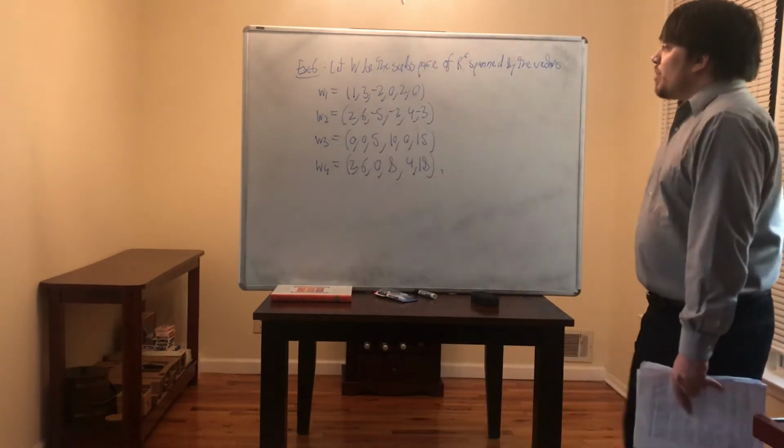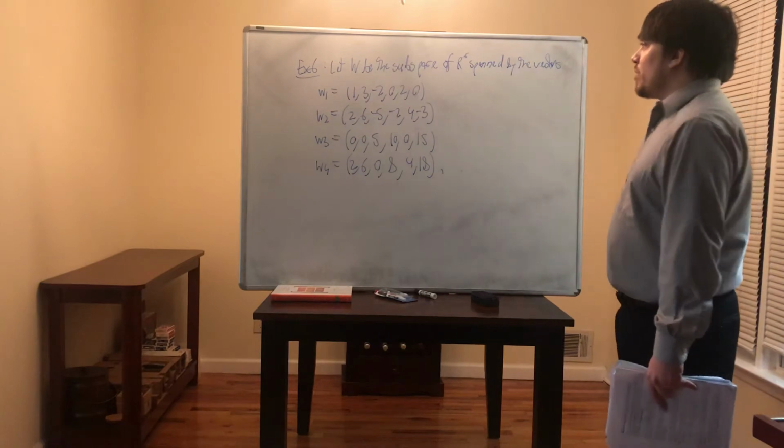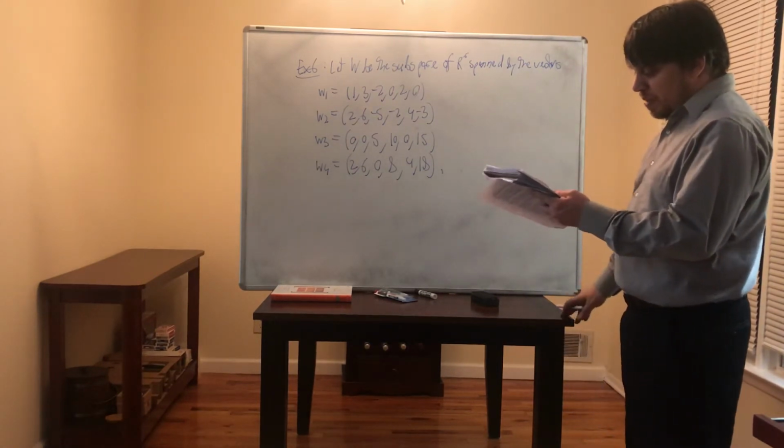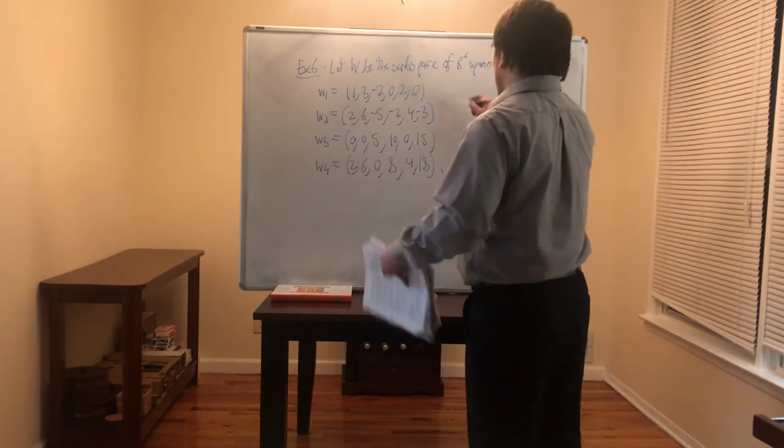Okay, so W is going to be the subspace of 6 space, R6, spanned by those 4 vectors, those 4 sextuples. And we want to find a basis for the orthogonal complement of W.